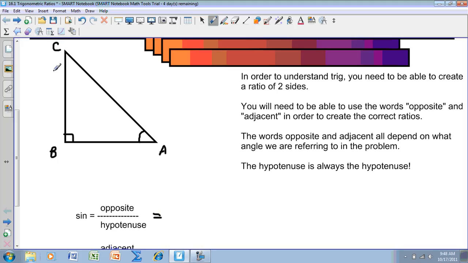Well, isn't CB or BC the opposite side? And what is the hypotenuse? Well, isn't that AC? So that would be our ratio. We used the names of the sides to make it. As we progress through this chapter, you'll start to use numbers. They'll mark numbers on here, and you'll put those in there.